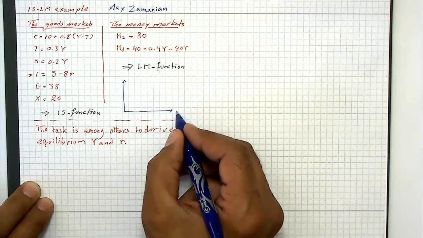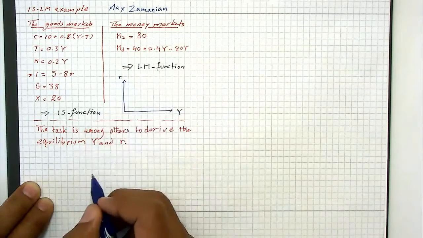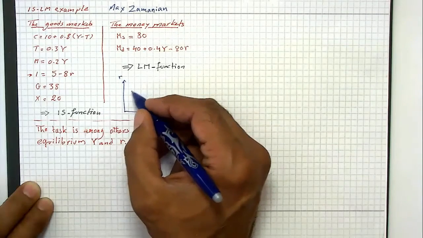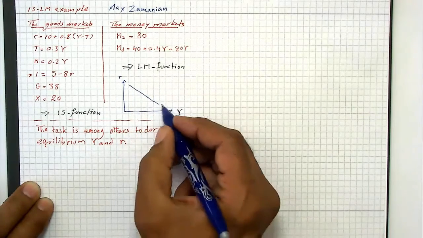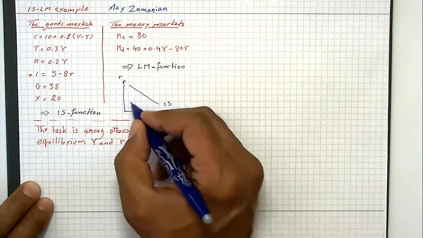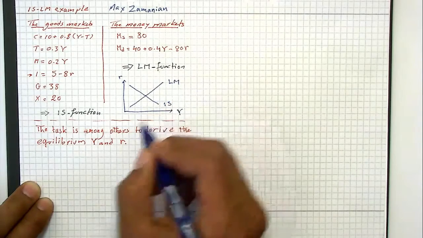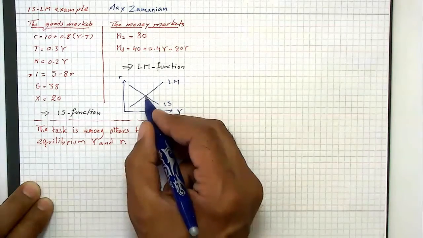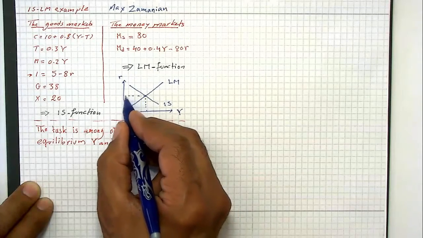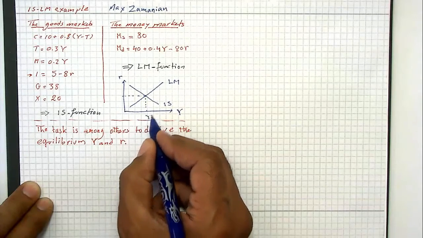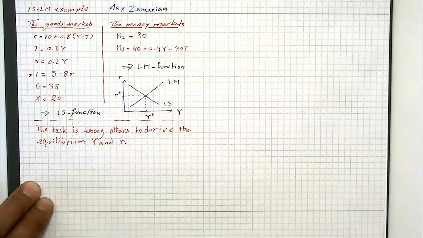You have national income on the horizontal axis and interest rate on the vertical axis, and typically the IS curve is negatively sloped and the LM curve is positively sloped, and the point of intersection of these two curves will give you the equilibrium national income and equilibrium interest rate.